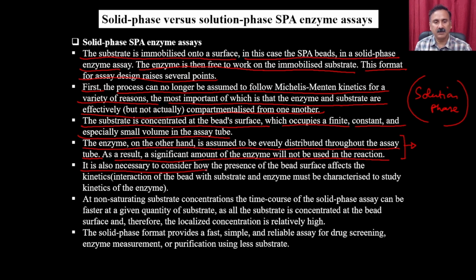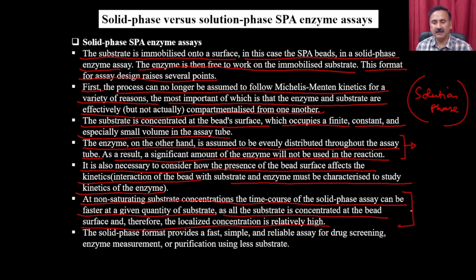It is also necessary to consider how the presence of the bead surface affects the kinetics. Interaction of the beads with the substrate and the enzyme must be characterized to study the kinetics of the enzyme. At non-saturating enzyme and substrate concentration, the time course of the solid phase assay can be faster at a given quantity of substrate, as all the substrate is concentrated at the bead surface, and therefore the localized concentration is relatively high.